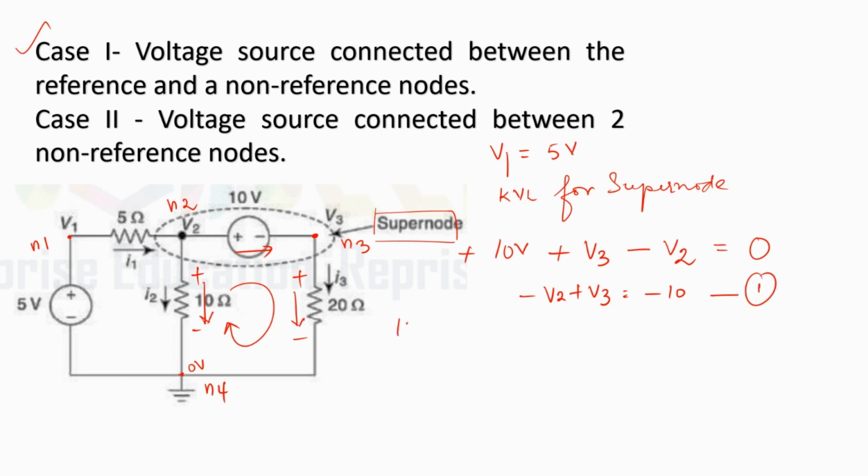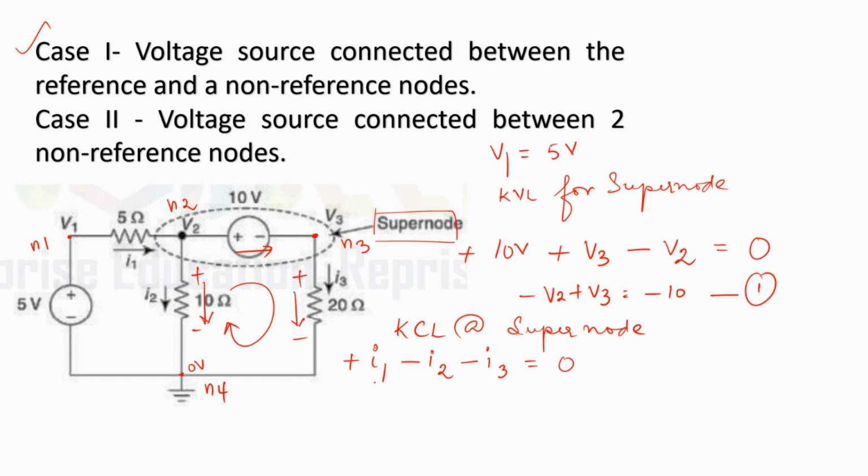Now, if we apply KCL at the supernode, let's look at the currents that are entering the entire supernode. So we have three currents: I1 which is entering, so plus I1, I2 which is leaving, so minus I2, and I3 is also leaving, minus I3 is equal to 0.